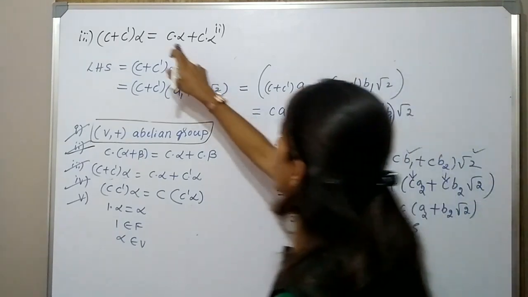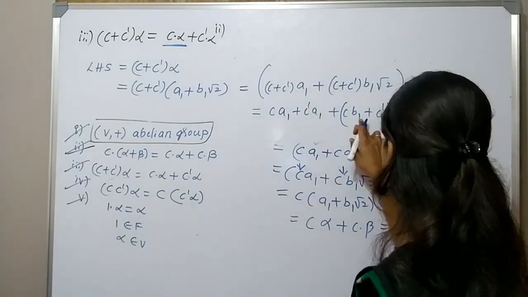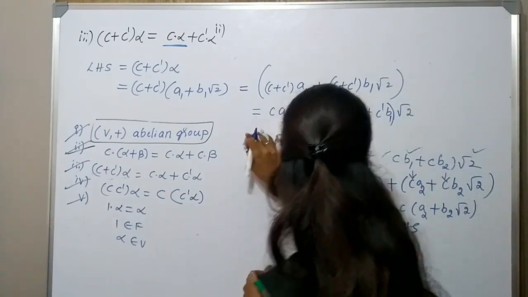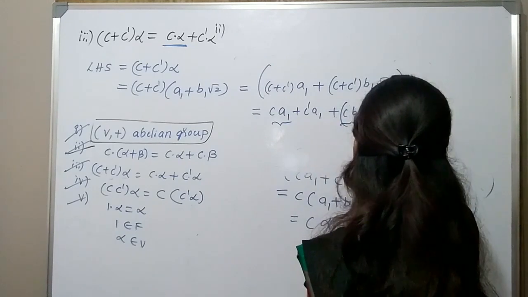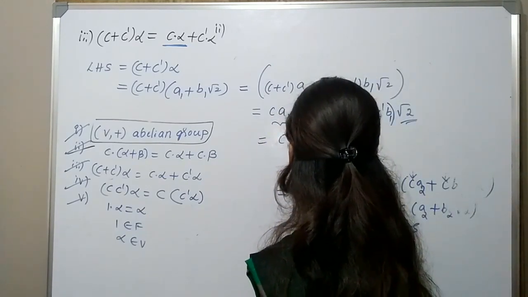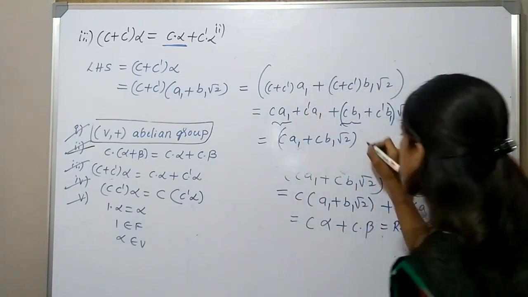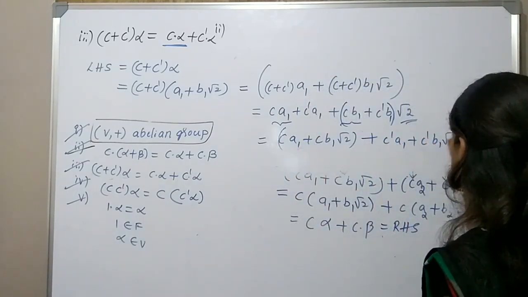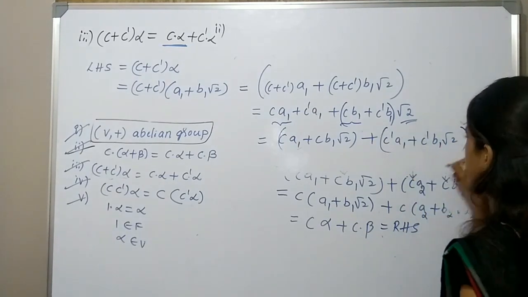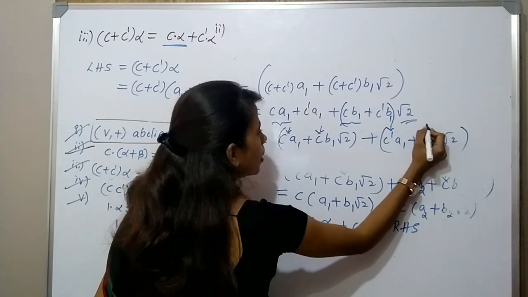Now for c dot alpha, alpha means a1 plus b1 root 2. For that, take this one and this one with root 2 on one side. That is c a1 plus c b1 root 2. Next, c dash a1, remaining c dash b1 root 2. Here c is common, and here c dash is common.